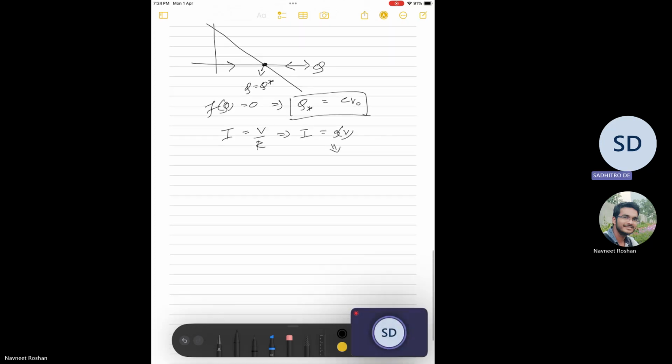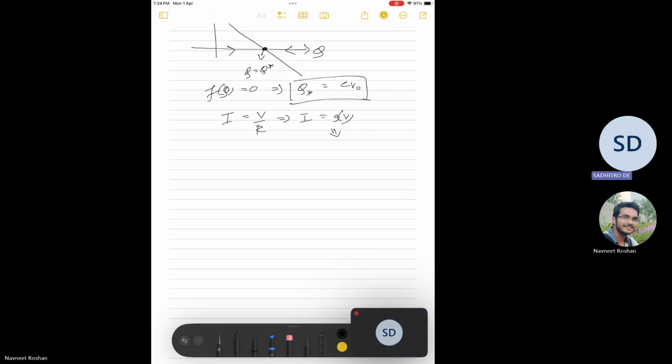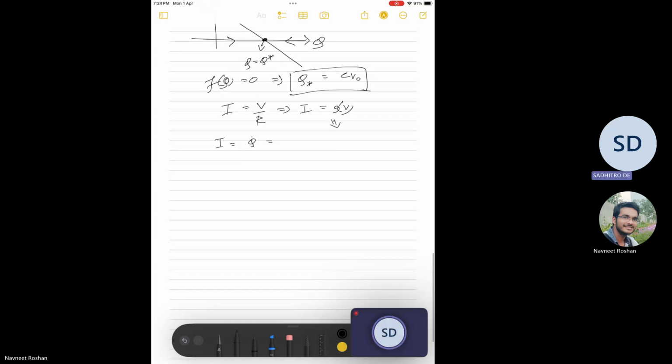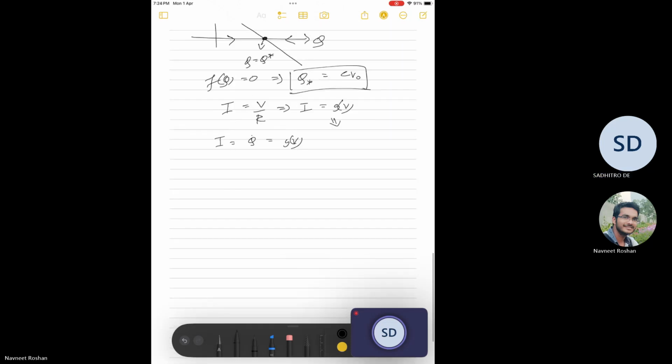How does this picture change? So basically I is equal to now q dot, which is equal to g of v. So for example, say g of v has this particular form.